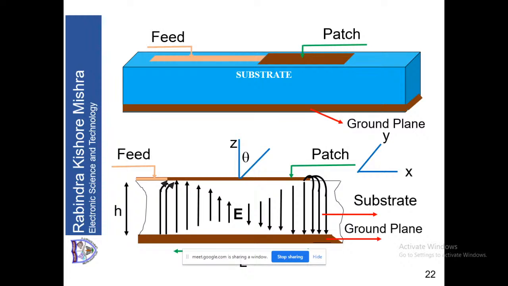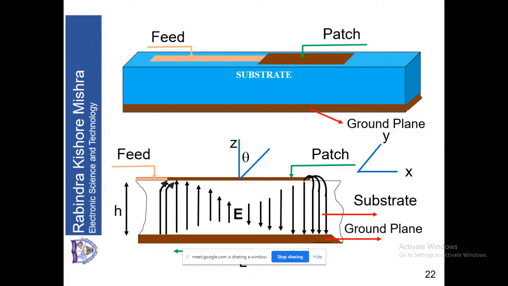So there is an elevation angle theta that is not required in this slide, but I will say in a minute what the importance of theta is, because if it is an antenna, then in the far field, the field will be distributed in terms of angle theta and phi, azimuth angle and elevation angle. So this is theta, the elevation angle.